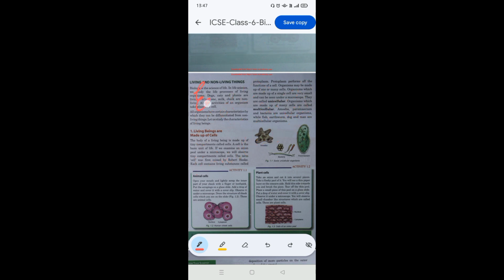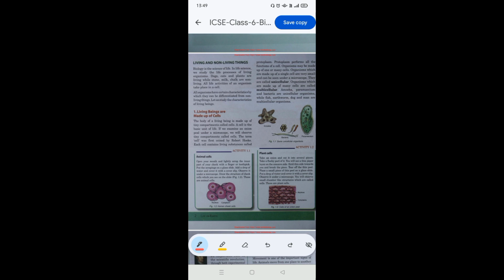Examples of unicellular organisms are amoeba and paramecium, whereas examples of multicellular organisms can be fish, dog, human beings, earthworm, and all major animals.